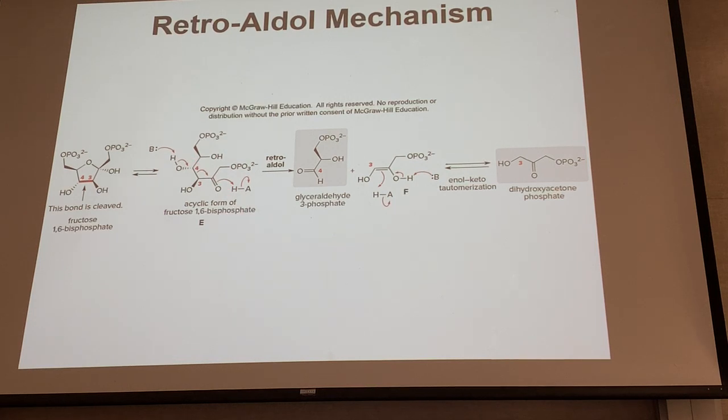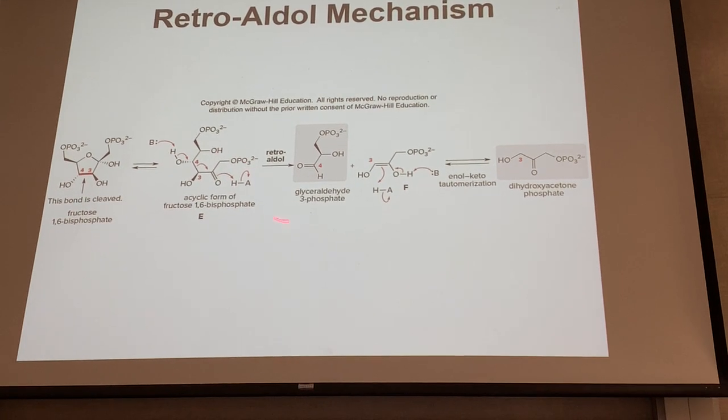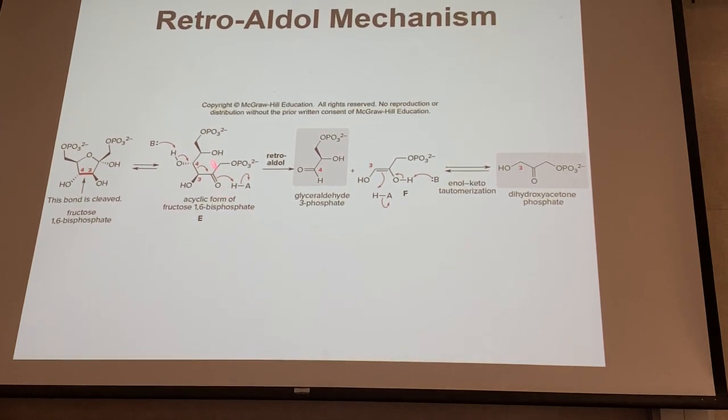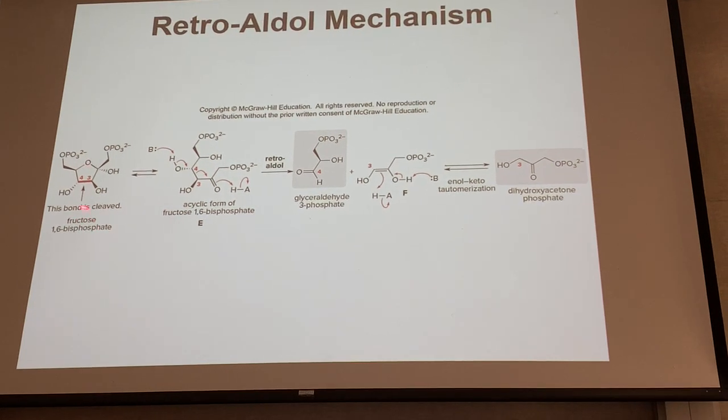Anytime you have a beta hydroxy carbonyl compound, a retroaldol reaction can occur. In this case, we deprotonate that beta OH group at the same time as we protonate this carbonyl. We're cleaving the carbon-carbon bond between C3 and C4. They've helpfully highlighted that bond that's being cleaved in red.